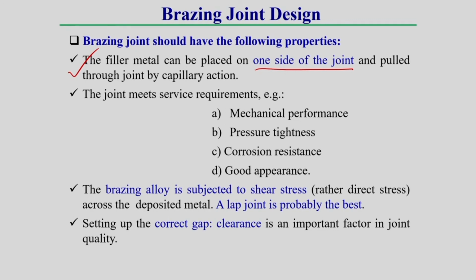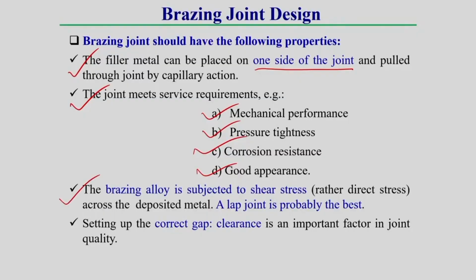That type of joint we have to design, and it should have good mechanical performance, good pressure tightness, good corrosion resistance, and good appearance. These are the joint properties we should keep in mind. Based on these things we should design our brazing joint.